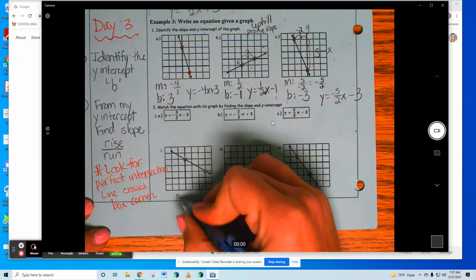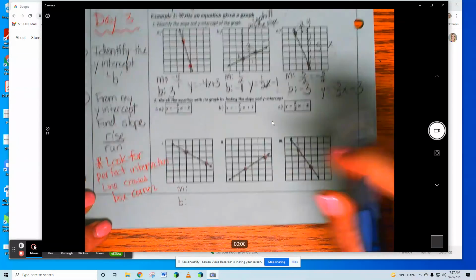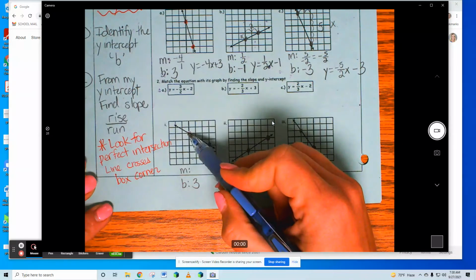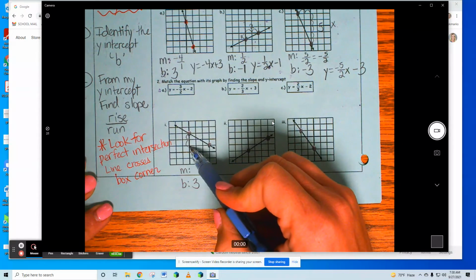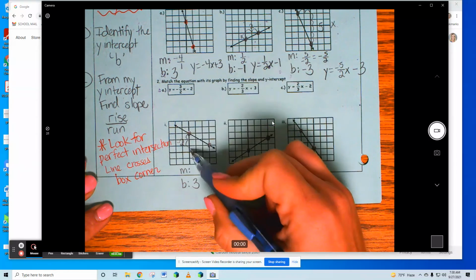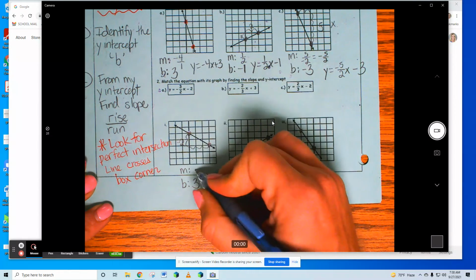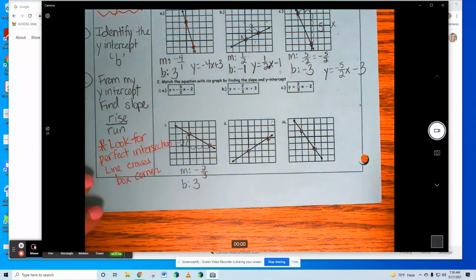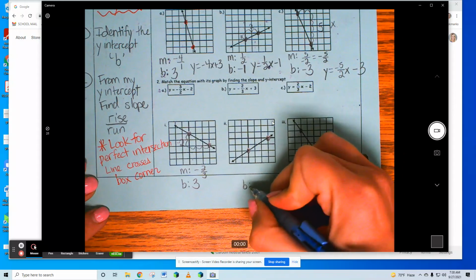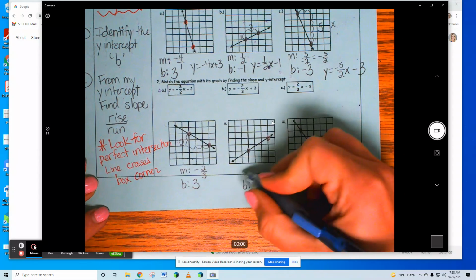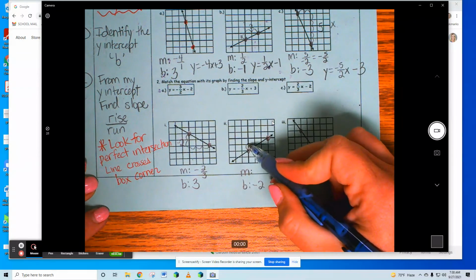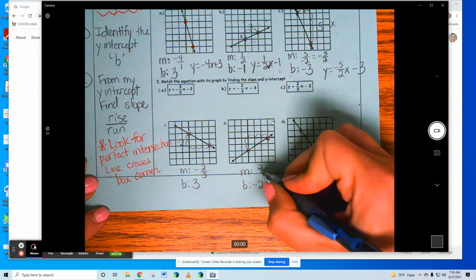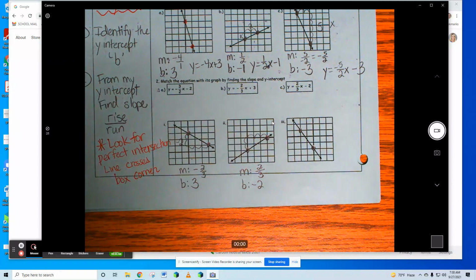This is good practice anyway for us. I began at +3 on Roman numeral 1, and I rose down 1, 2, -2, ran 1, 2, 3, so -2/3. Roman numeral 2, I began at -2, and I rose 2, ran 1, 2, 3 to the right, so it's positive, and the line's uphill.